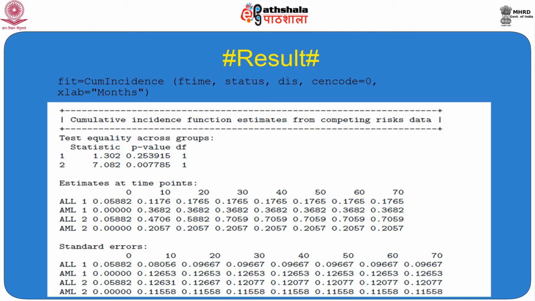For the ALL group, those who died due to some other reason, that is the competing risk, the probabilities at 0 days, 10 days, 20 days, 30 days, 40 days, 50, 60 and 70 days are also given. And for AML, those in competing risks, the corresponding probability is also given.